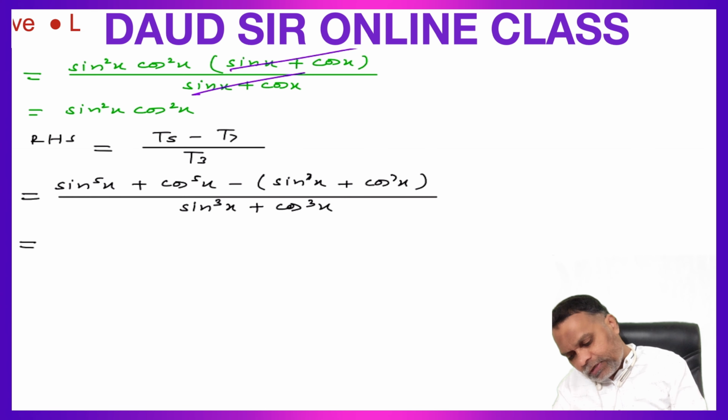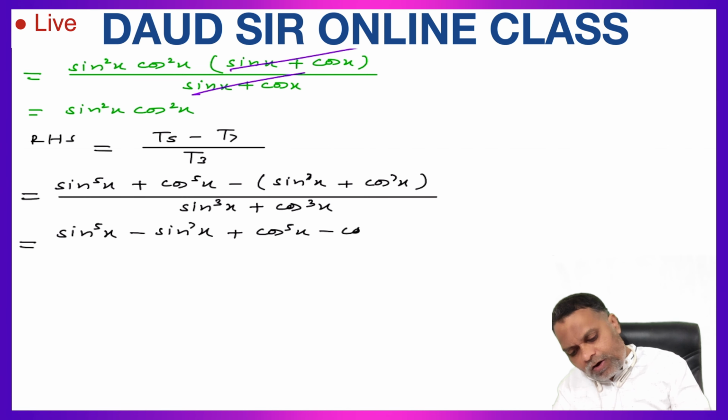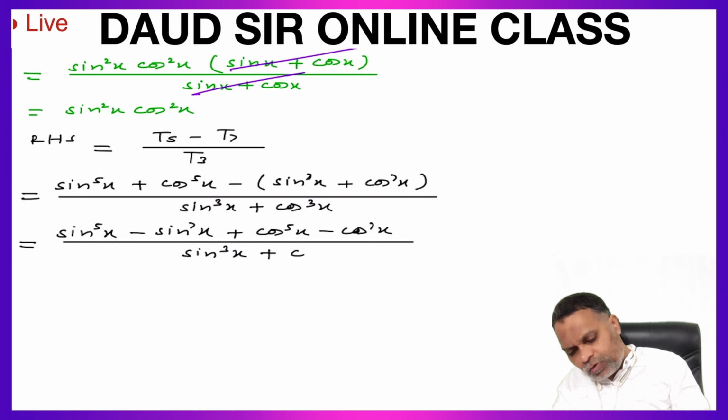Simplify this: sin raised to the power 5x minus sin raised to the power 7x plus cos raised to the power 5x minus cos raised to the power 7x, upon sin cube x plus cos cube x.